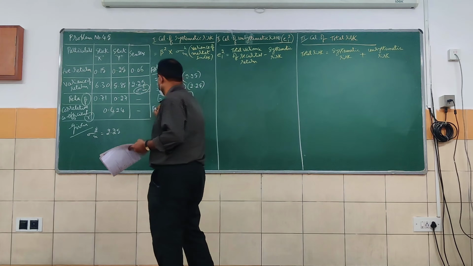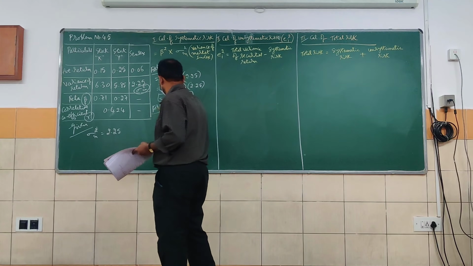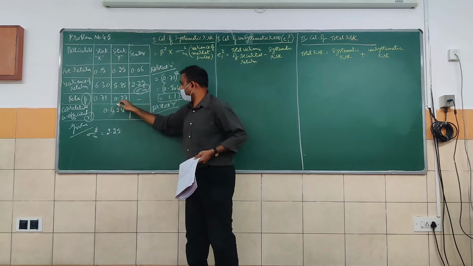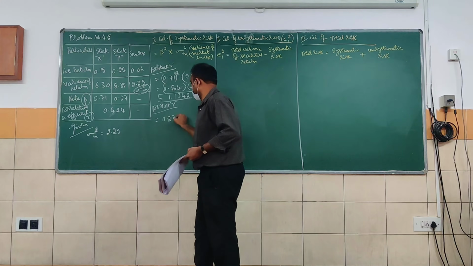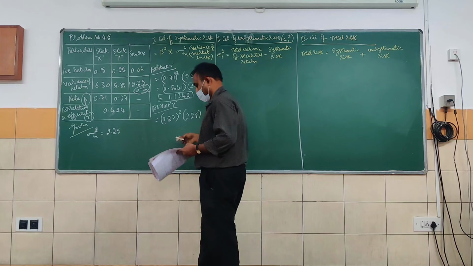Then for stock Y, beta for stock Y is 0.27 whole square multiplied by 2.25.